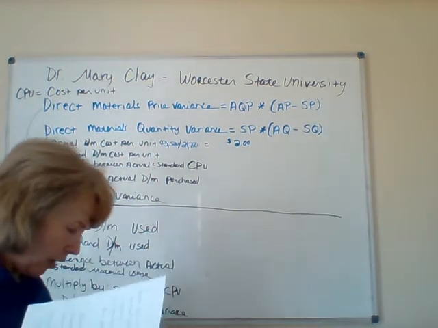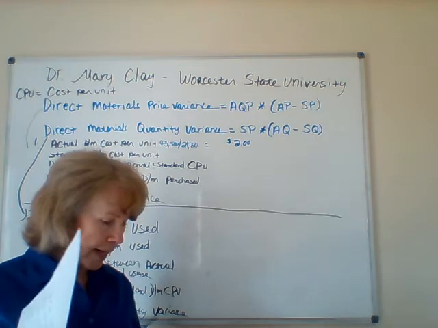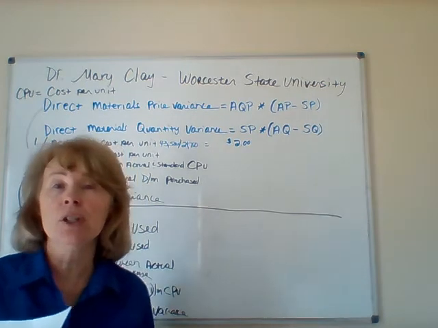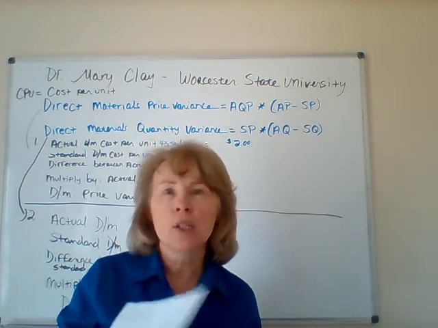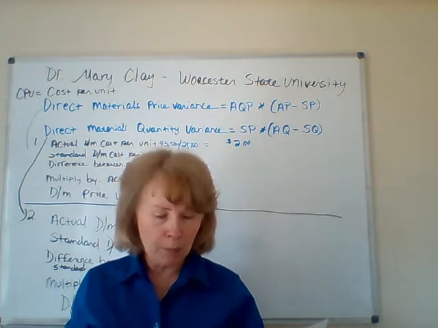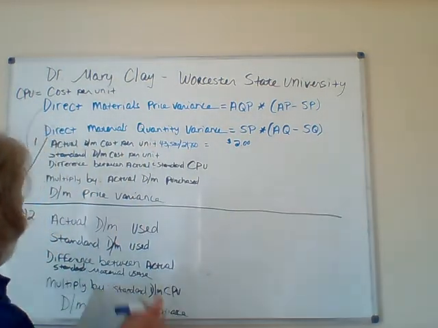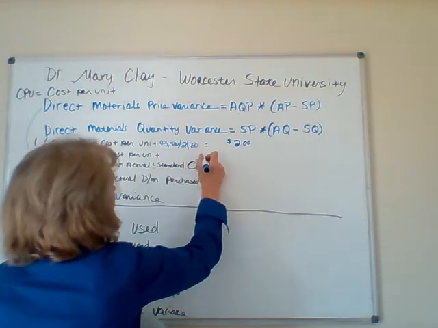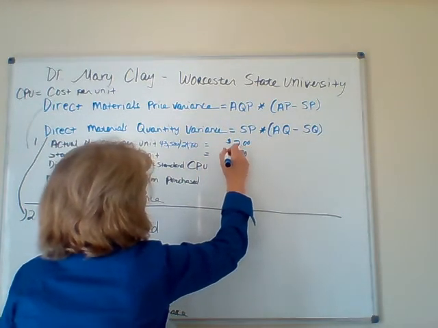Now I look back at the problem, and it says they use a standard cost. Of course, after a while, they could increase or decrease the standard cost by looking at past history. But right now, the standard cost is $1.80 per pound. So I go across, and I put the $1.80 per pound.